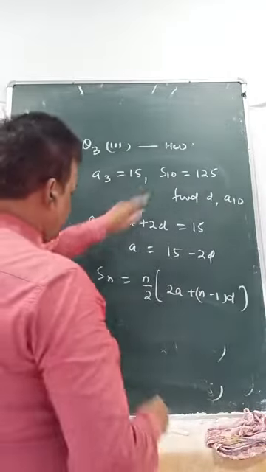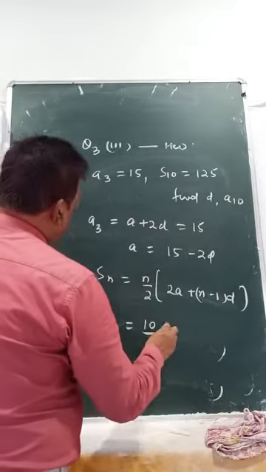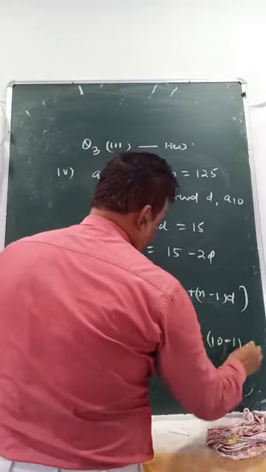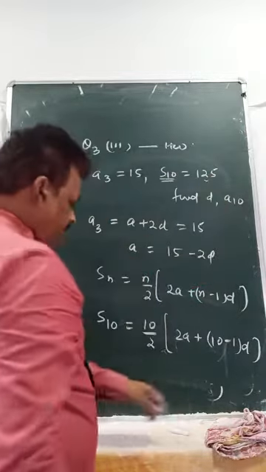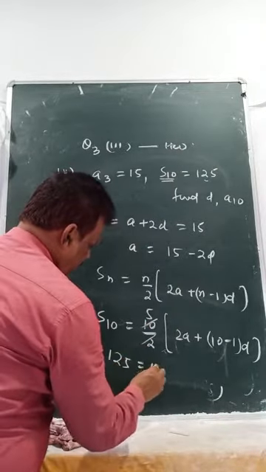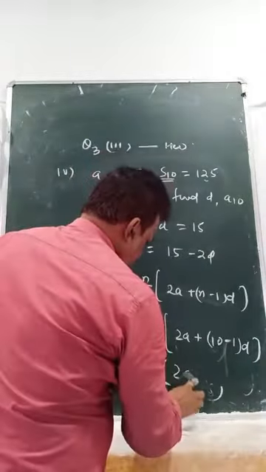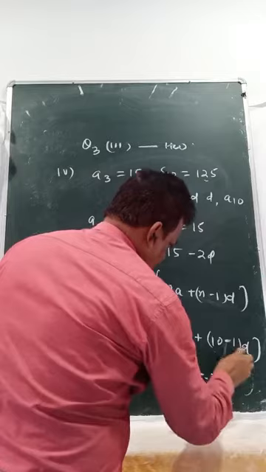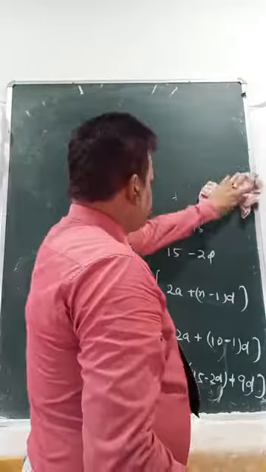So now S10 equals 10 by 2 (2A plus (10 minus 1) into D). S10 is given to us. What is S10? 125. So 125 equals 5 into (2A plus 9D). A is what? 15 minus 2D. 2 into (15 minus 2D) plus 9D. Okay, simplification based method, you see.